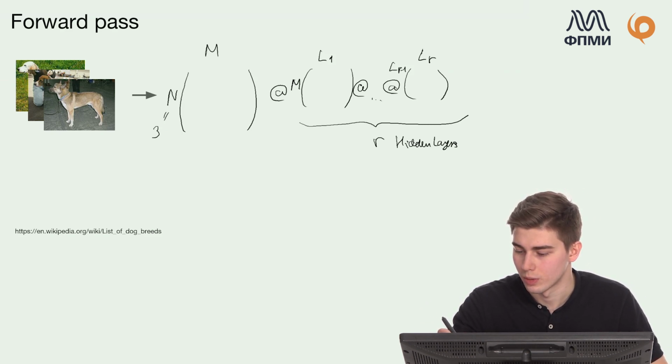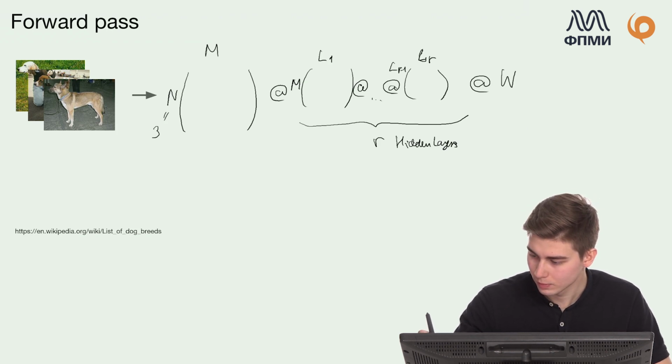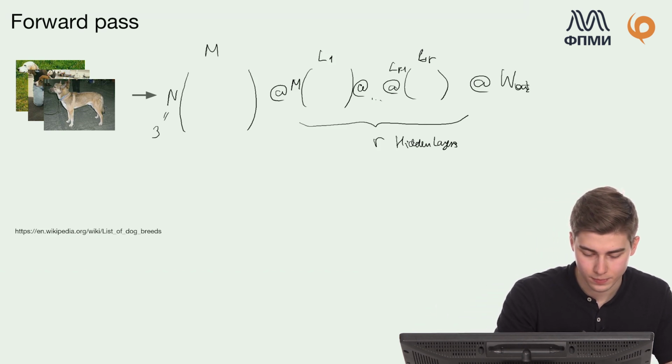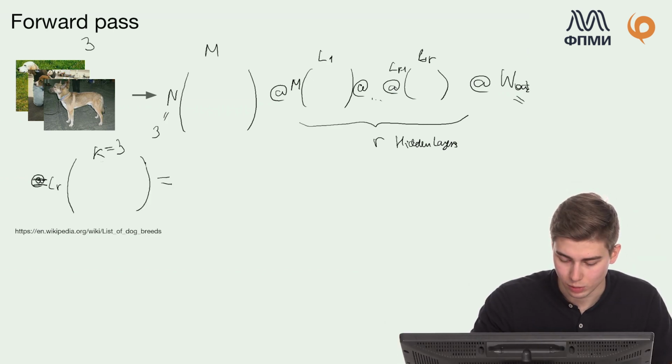So lr neurons on the last hidden layer. Then we apply the weight matrix of the output layer, some matrix of shape LR by K. K equals 3 in that case because we have 3 dog breeds. And we get the matrix of shape N by K.